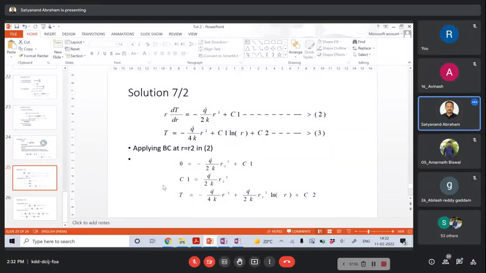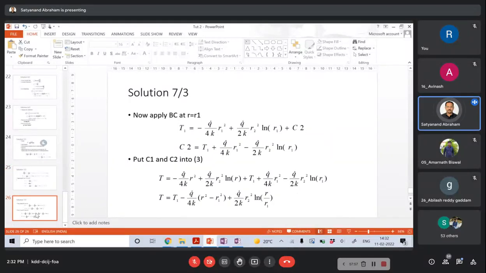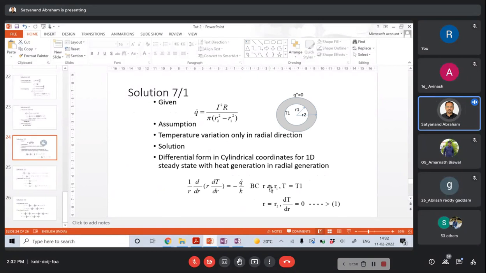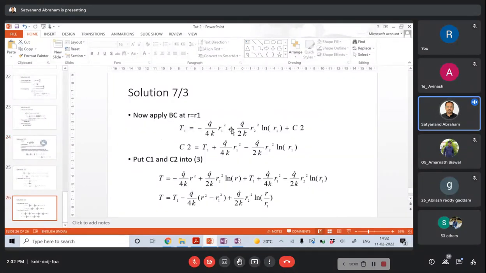Then the next condition is at r = r1, T = T1. If you put that in, you get the C2 value. It's a bit lengthy, but you can substitute it. Then you get a nice expression.